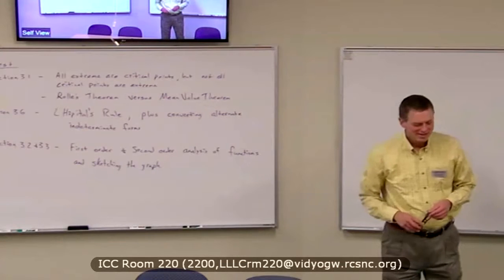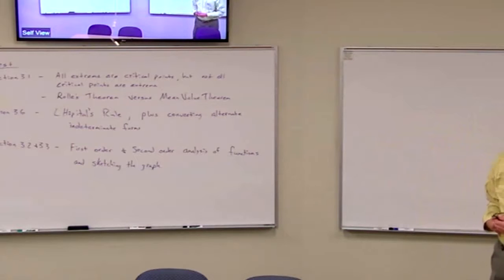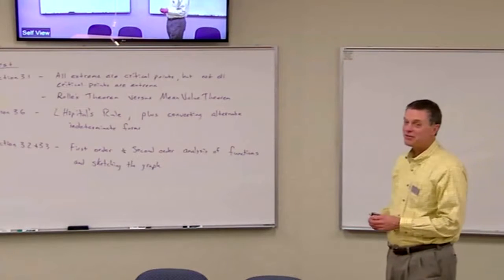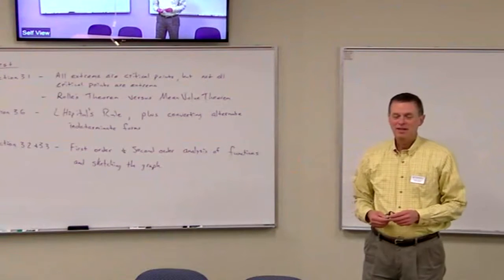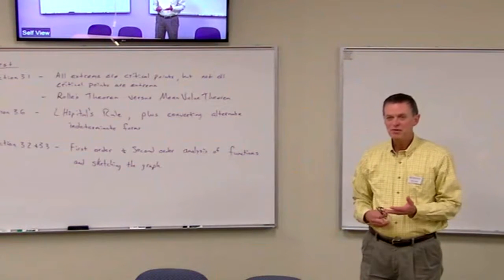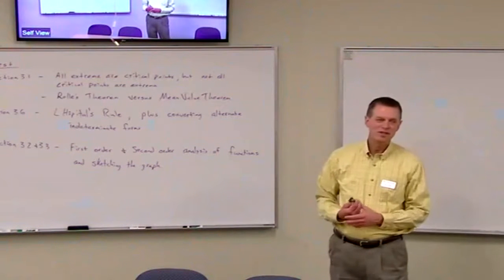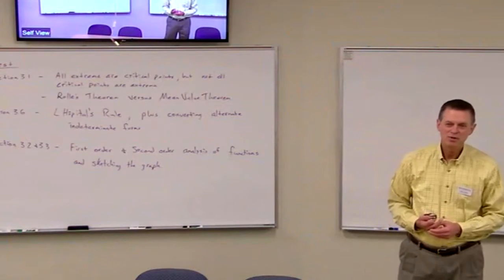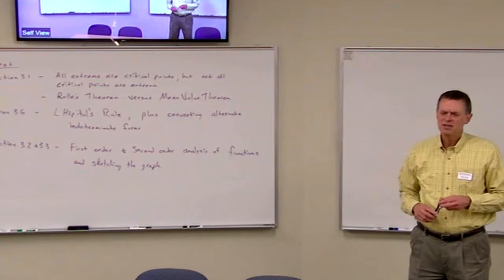There's somewhere that the tangent line slope equals the secant slope. The mean value theorem says that the average rate of change has to equal the instantaneous rate of change at least one time. So if continuous and differentiable, those are the only two hypotheses, then the conclusion is that f prime of c is equal to the secant slope, (f(b) minus f(a)) over (b minus a).